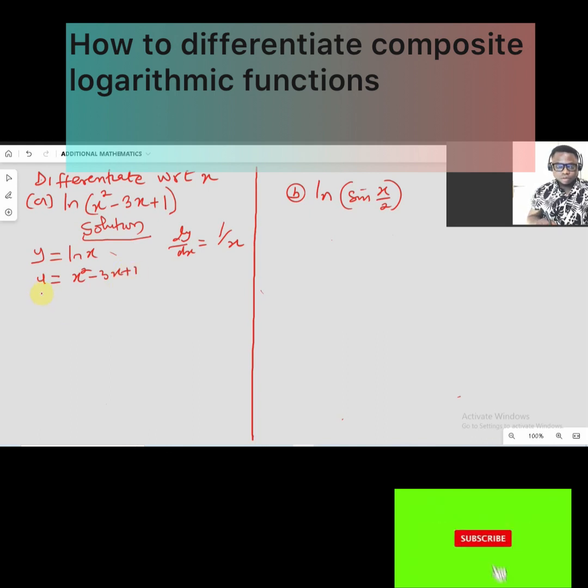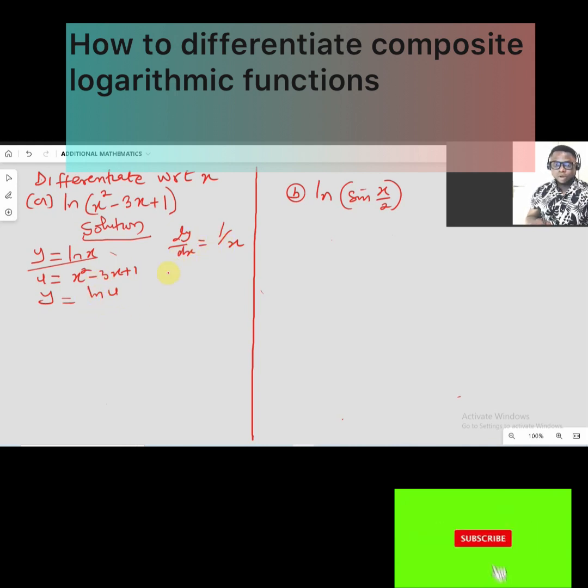Then that means from this expression, y becomes ln u, replacing x squared minus 3x plus 1 with u. So y becomes this. The goal is to achieve something similar to this, because whenever you want to differentiate ln of a variable, it becomes the inverse of the variable. So the goal is just to achieve this.